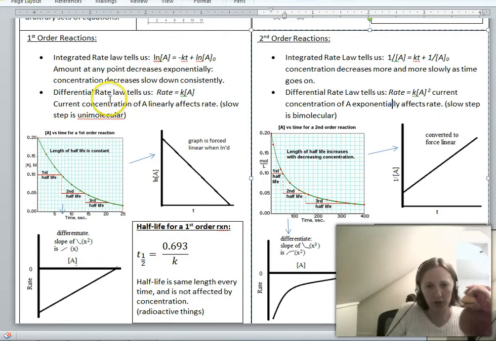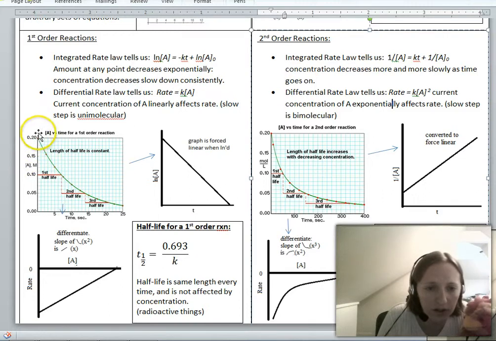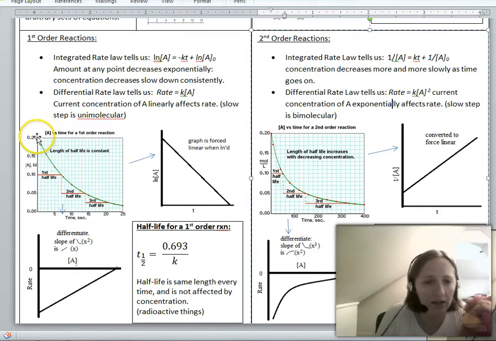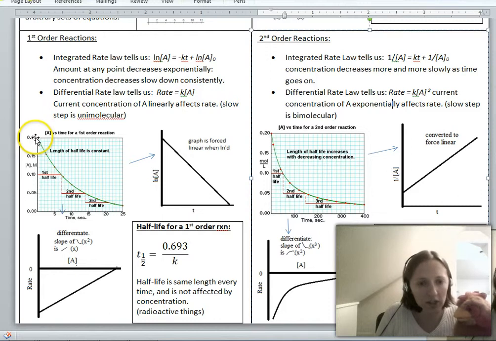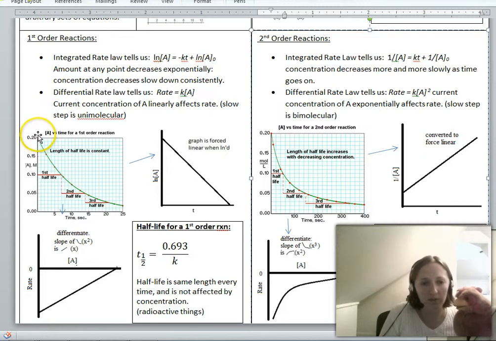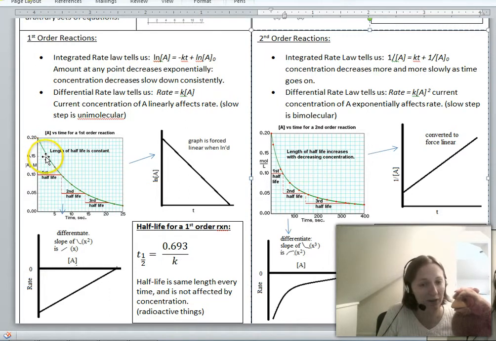And what you can look at with this graph is you started with 0.2 molar again, but for this reaction, when it's first order, it matters how much concentration you've got. So you start off with 0.2, you have a certain rate, but then when you get down to 0.15, it can't go quite as fast because you're waiting around for it to hit itself.